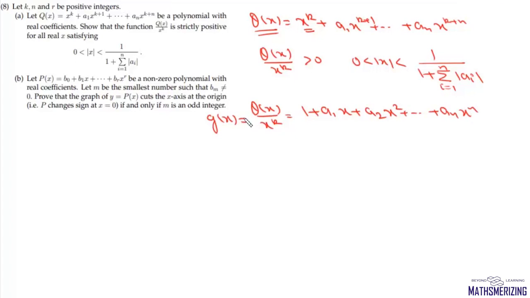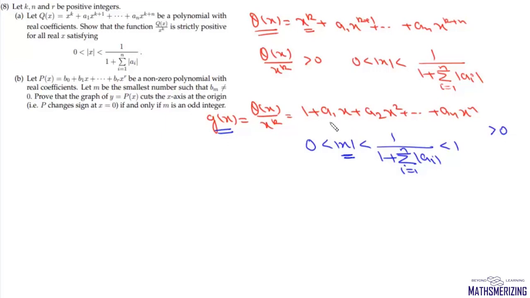So we need to prove that when x lies between 0 and 1 upon 1 plus summation i varies from 1 to n of mod ai, and this value in the denominator is greater than 1, so this expression 1 upon 1 plus this summation will be less than 1. So that means when the modulus value of x lies between 0 and 1, this function g(x) should be greater than 0. Now how do we prove that?